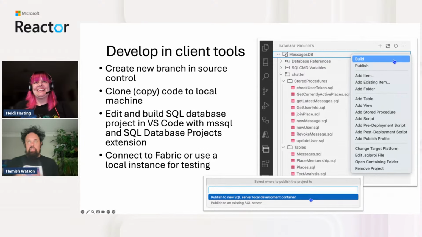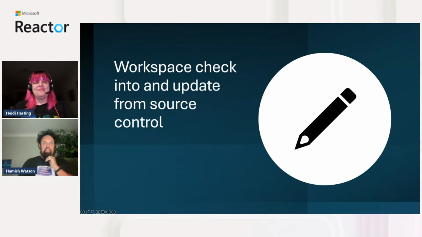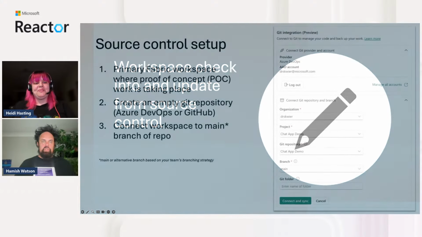Now that we had a quick look at the tooling, let's actually have a look at some of what we can do with our Fabric workspaces, being able to check in to them and also update them from source control.